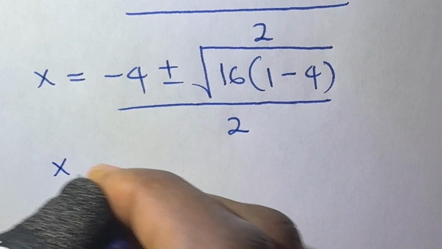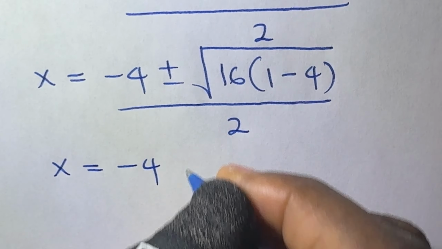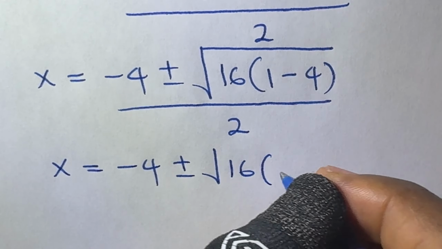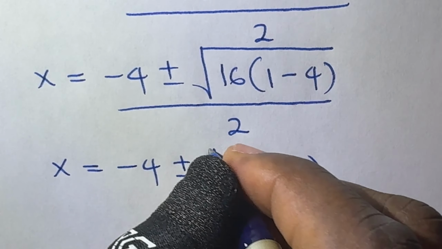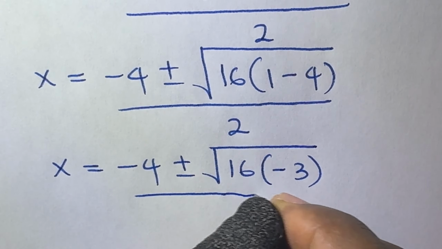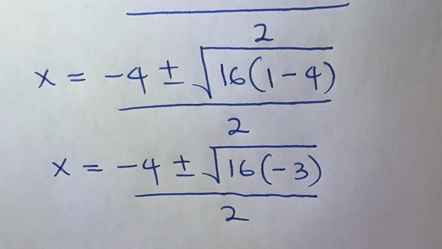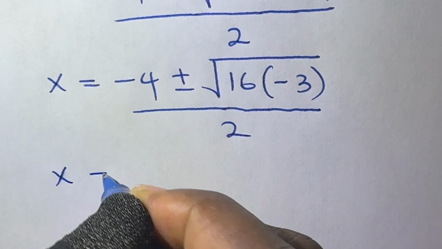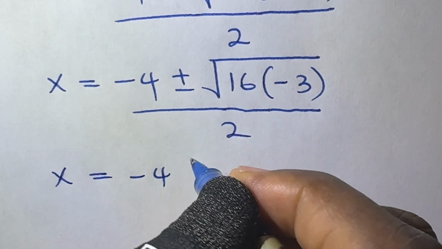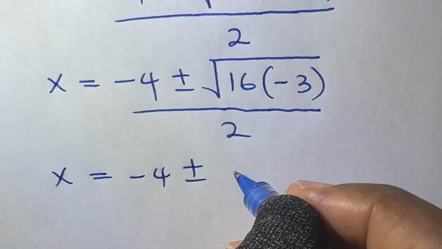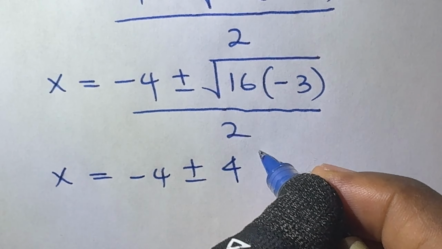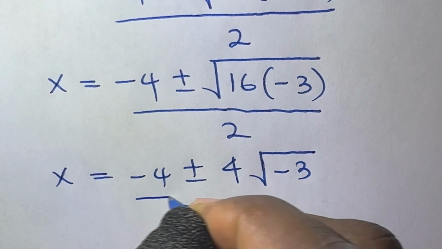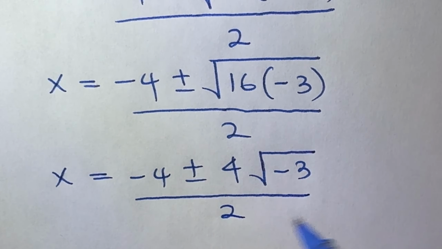This will give us x is equal to minus 4 plus or minus 16 times, this is negative 3, divided by 2. Then x is equal to minus 4 plus or minus square root of 16 is 4, then square root of minus 3 divided by 2.